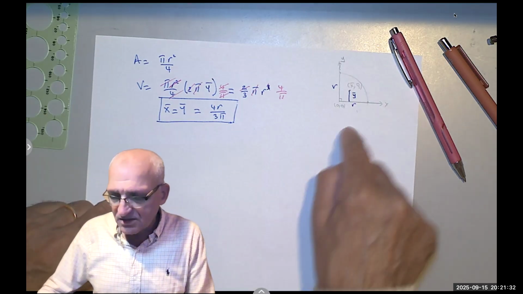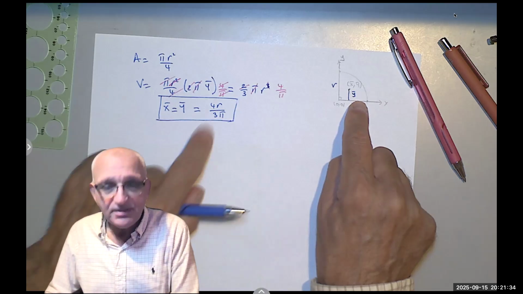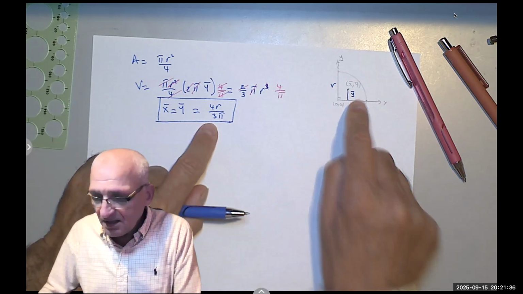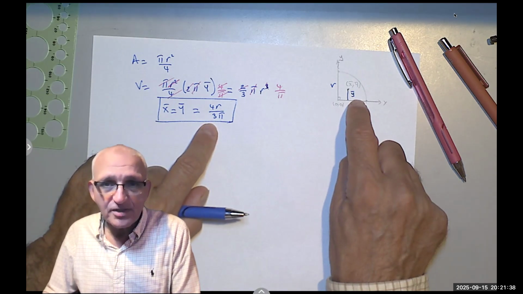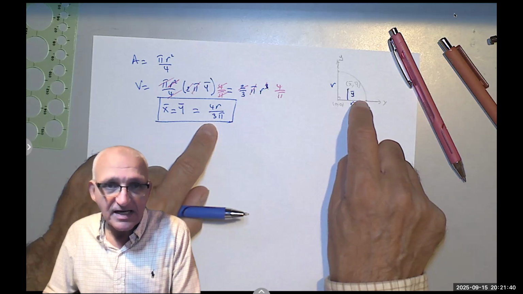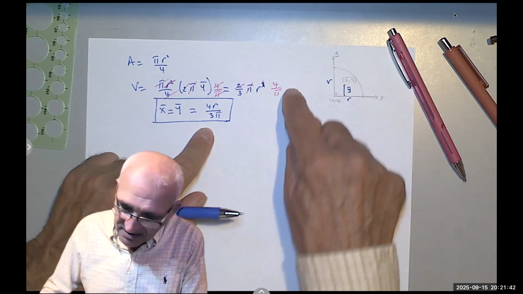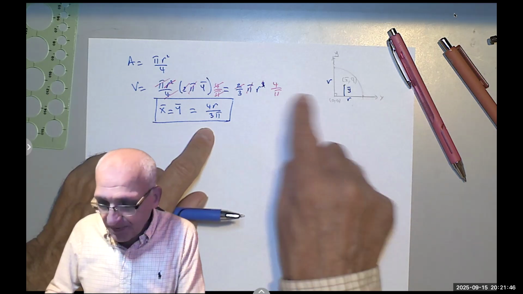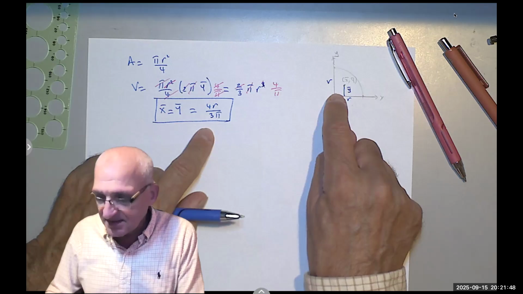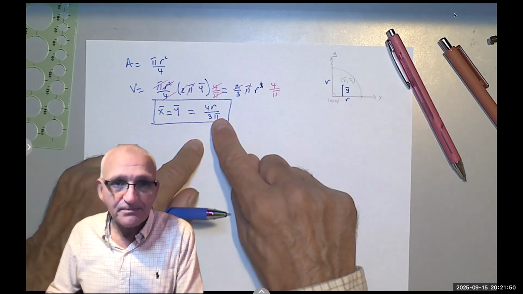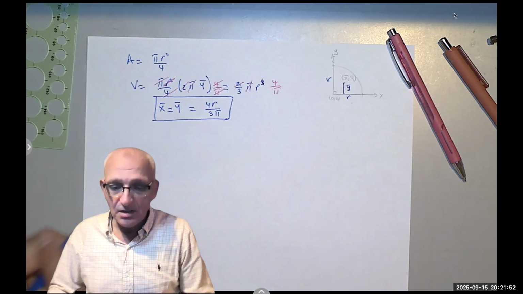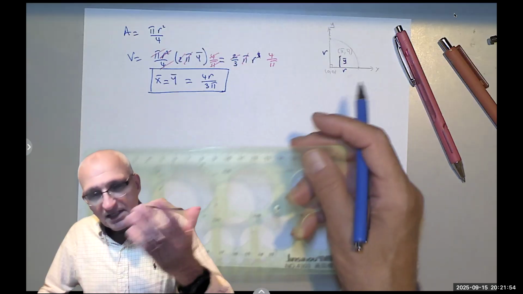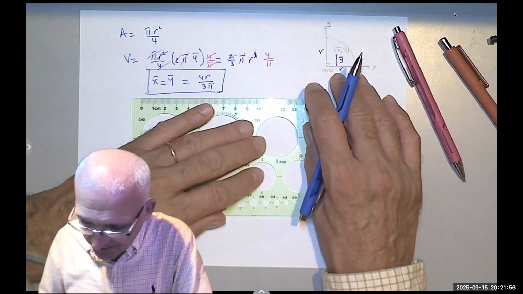If it's a semicircle, the x bar would still be 4r over 3 pi. The y bar, of course, would be 0 because the centroid would be on the x-axis. And if I make half a circle like that, the x bar would be 0 on the y-axis, but the y bar would be the same. So that was an extension to what we did last time.